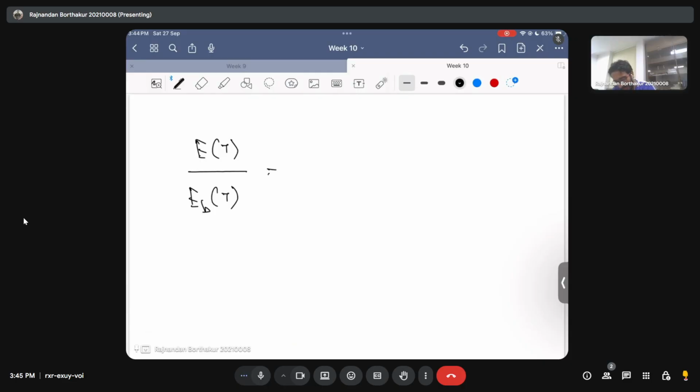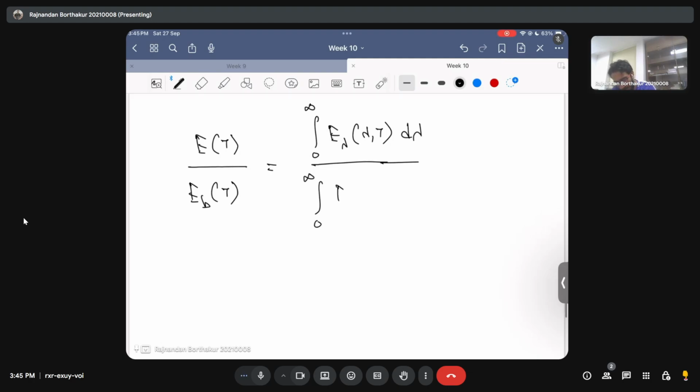I can write this ratio as the integral from 0 to infinity of the spectral emissive power of the real surface, which is now a function of wavelength, times d lambda, divided by the integral from 0 to infinity of E B lambda, which is a function of lambda and temperature.